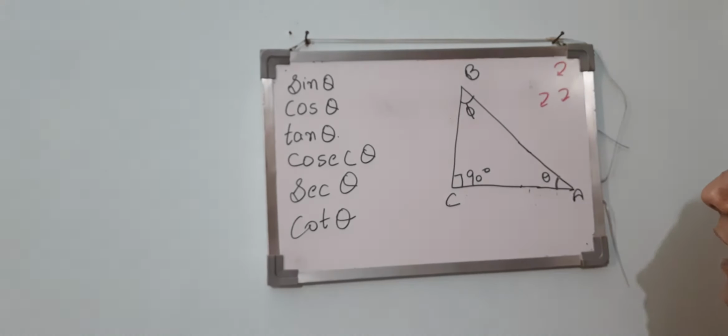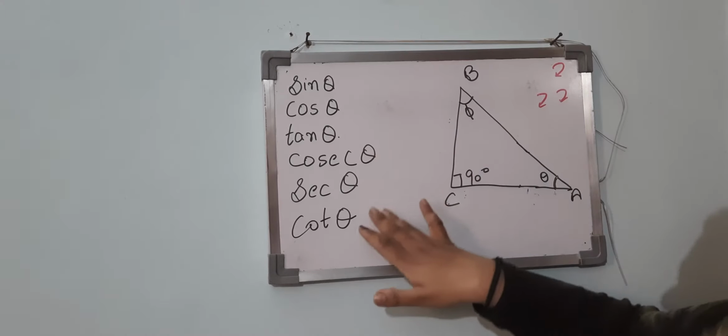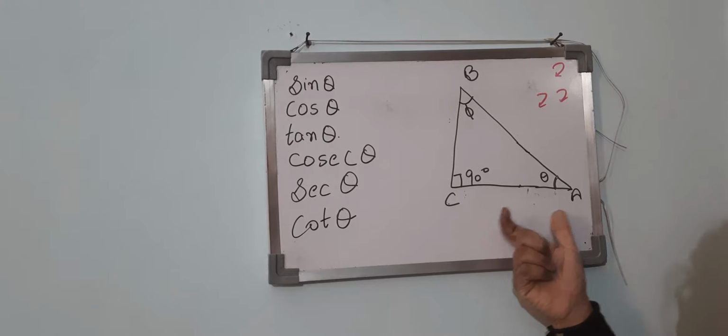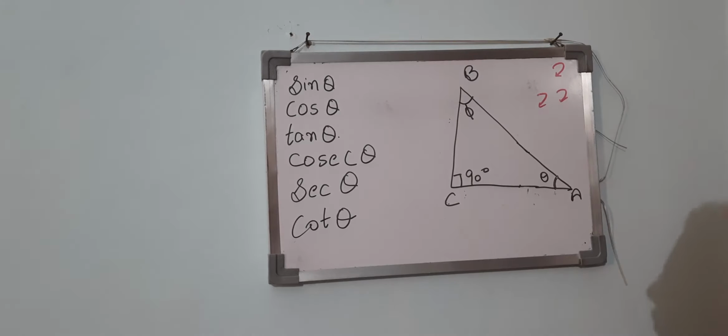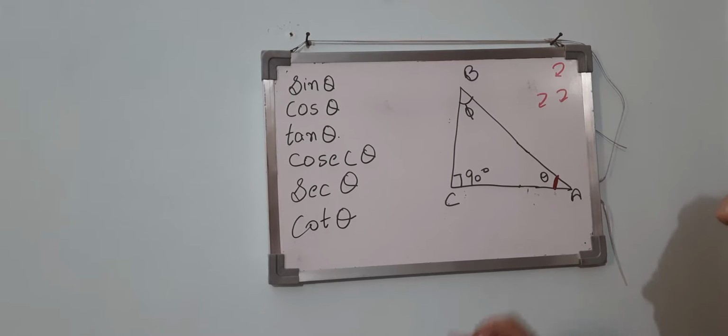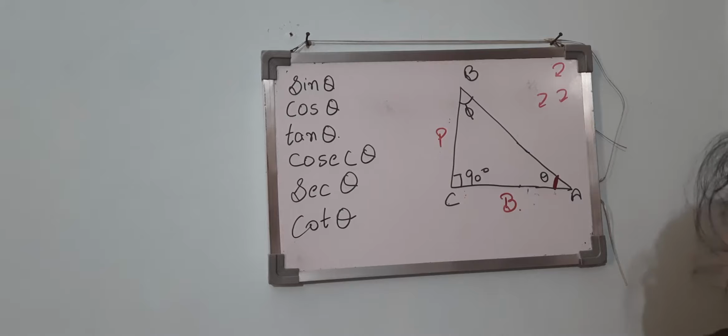So let us first understand how we find trigonometric identities with the help of this simple triangle. I am taking theta as the inclined angle, then this is your base and this is your perpendicular.